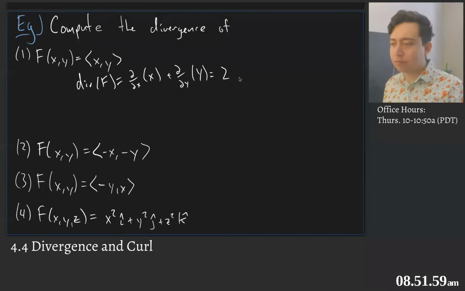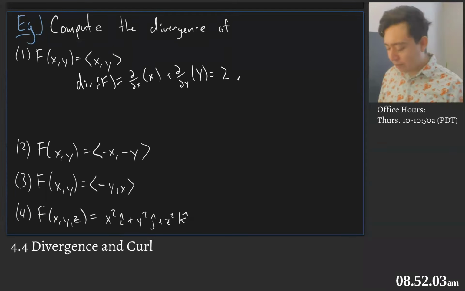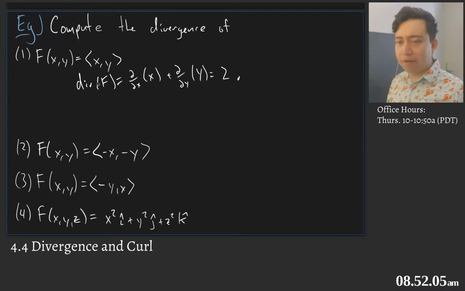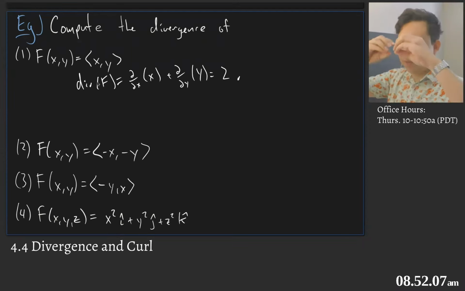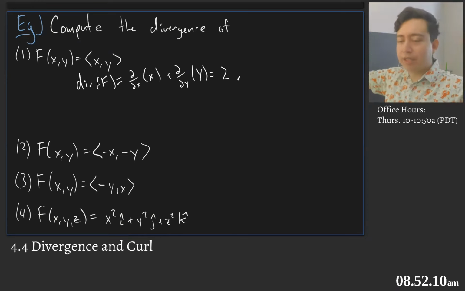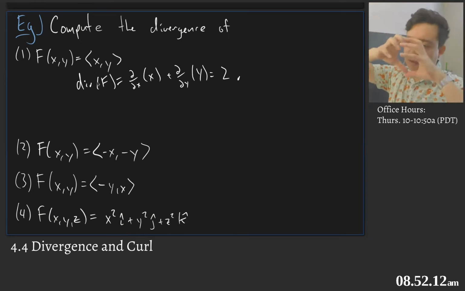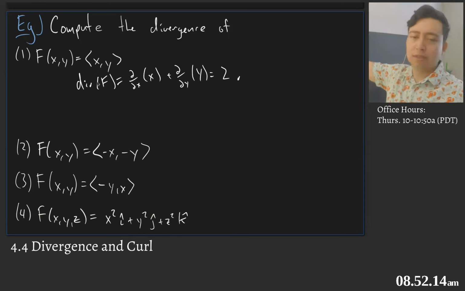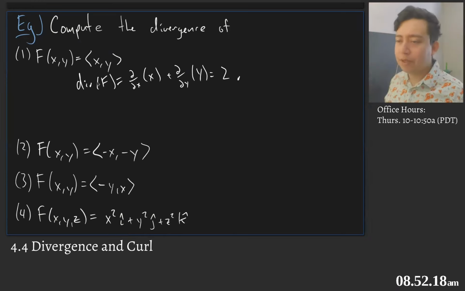So in this case, you just get 1 plus 1, which is 2. Okay. Remember this vector field, you should have a picture of it in your head now, because we saw it a few times in the last section. It's just going out in every direction, radiating out from the origin. So this number is greater than 0.